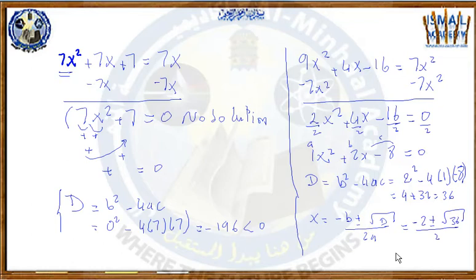We know that the square root of 36 is 6. So it's going to be minus 2 plus or minus 6 over 2. So if I split it out, I will have minus 8 and I will have 4. So it's going to be minus 4 and it's going to be 2. What's the answer? So x is either equal to 2 or x equal to minus 4. Either one of those two, after you split the minus and the plus. You got it?